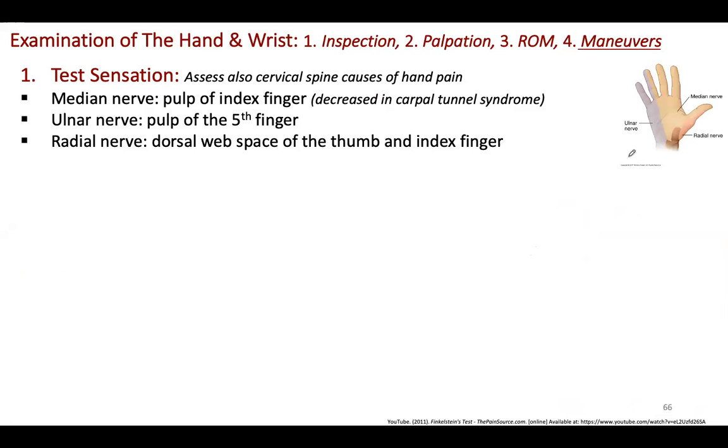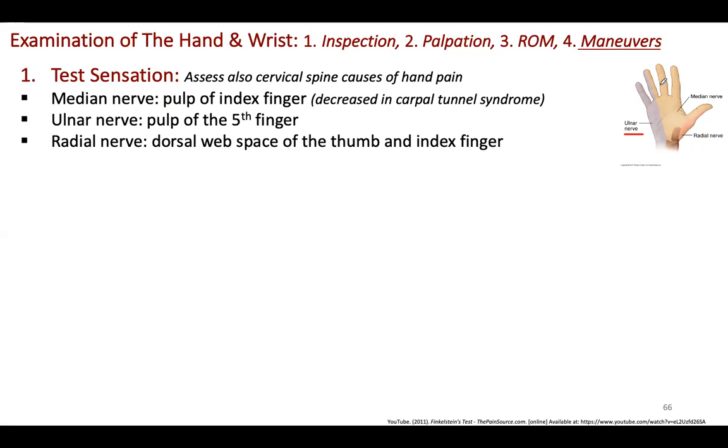The ulnar nerve supplies the medial third of the palm, the little finger, and the medial half of the ring finger. The median nerve supplies the lateral two thirds of the palm and the lateral three and a half fingers.